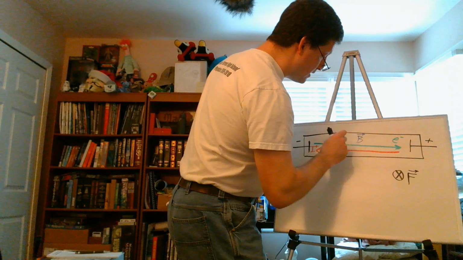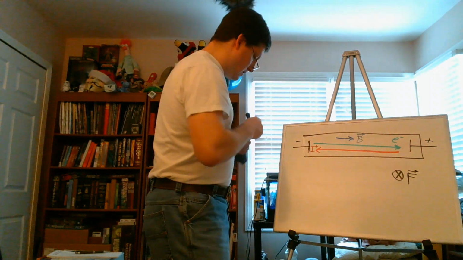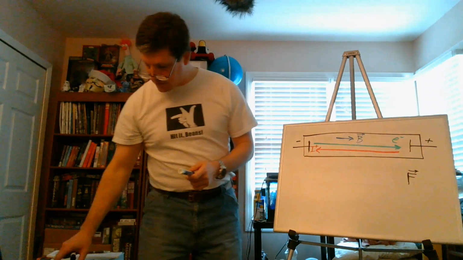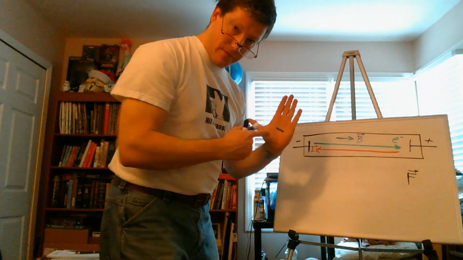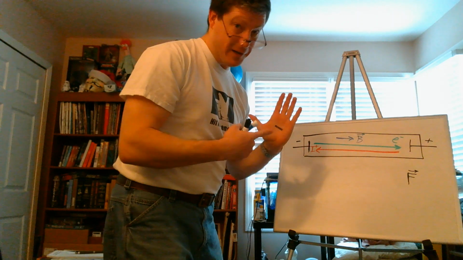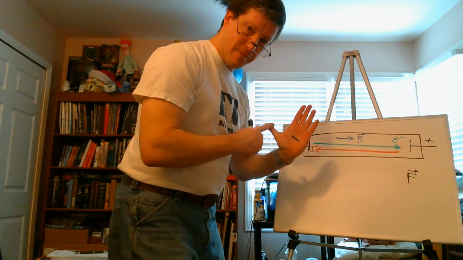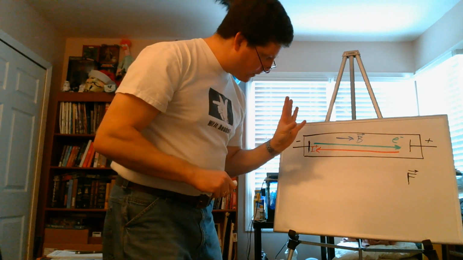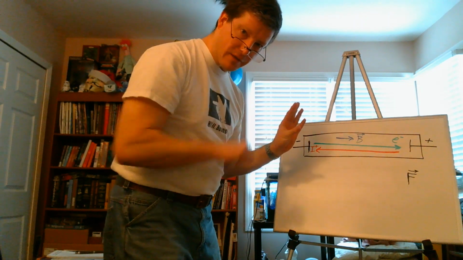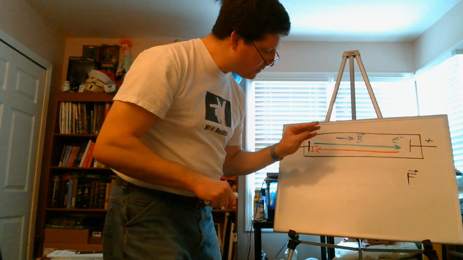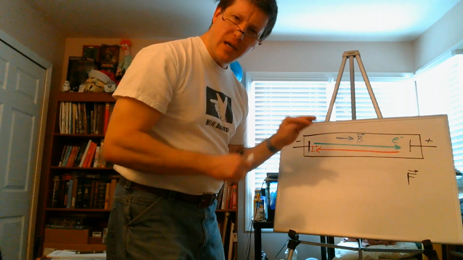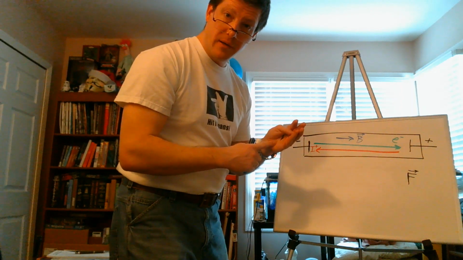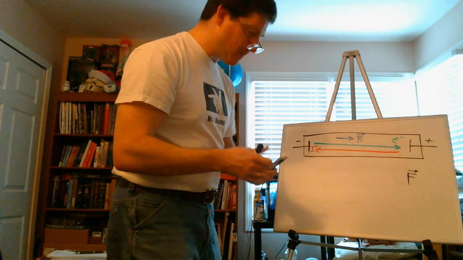If I use my left hand, I can take my thumb and put it in the direction the electrons are moving. I take my fingers and they go in the same direction, because that's the way the magnetic field's going. And then what happens? My whole hand closes up like that. If my hand closes up, I have no palm. And if I have no palm, I have no force.